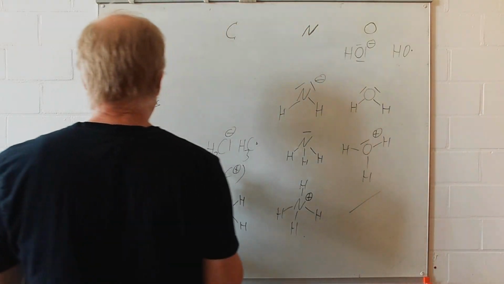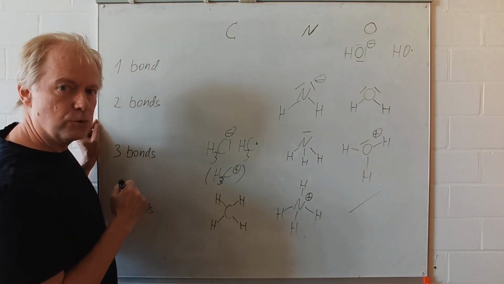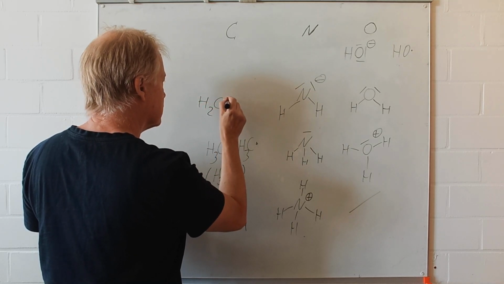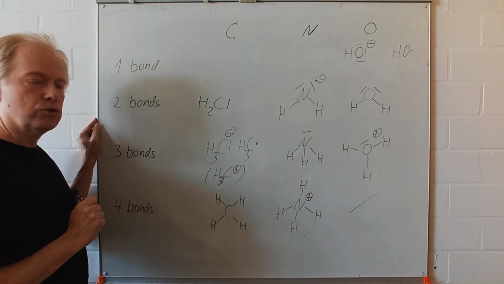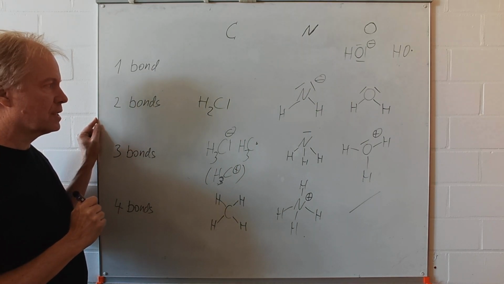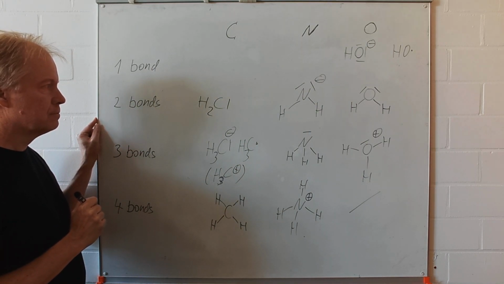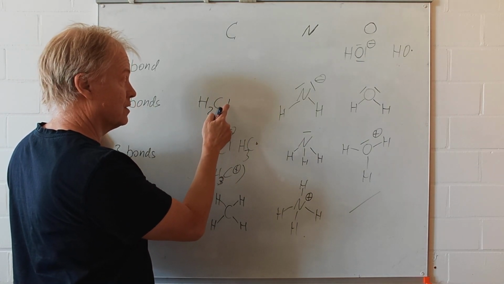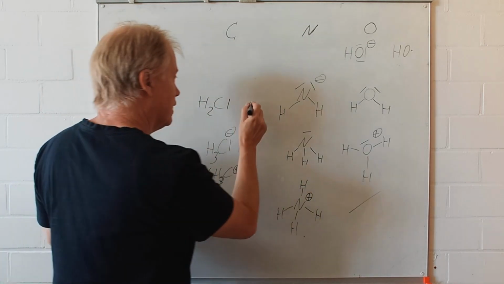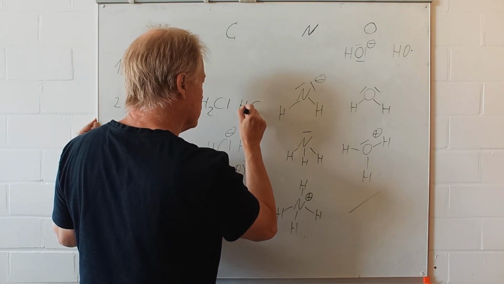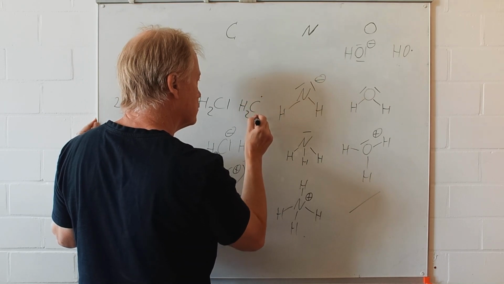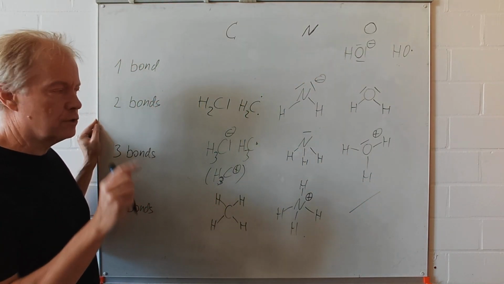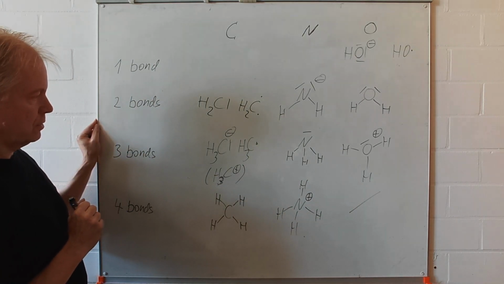Let's go to carbon with 2 bonds. Yes, this is known. CH2, it's a so-called carbene. The sort which has a free electron pair, and another sort which has 2 radical electrons in 2 different orbitals.